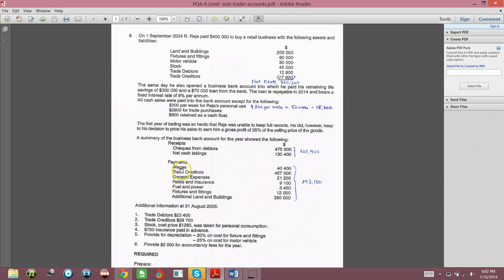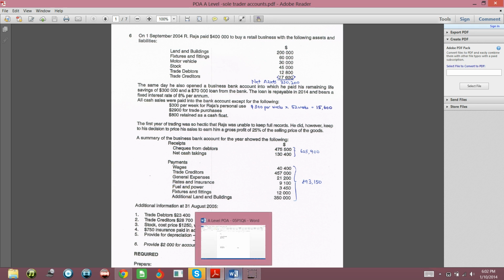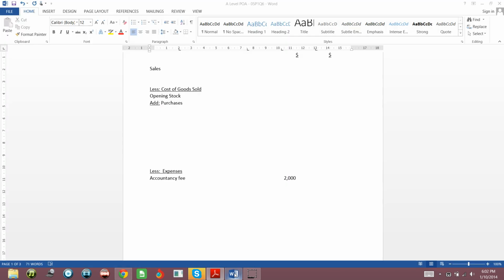I know these, I should put them in as expenses. I will do whatever is easiest for me first. Since I've laid out the skeleton already, I put in whatever figures are easier. Under expenses, I will put here wages. How much is wages? 400.